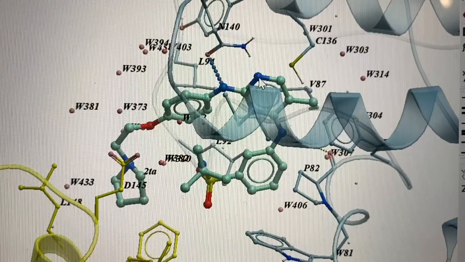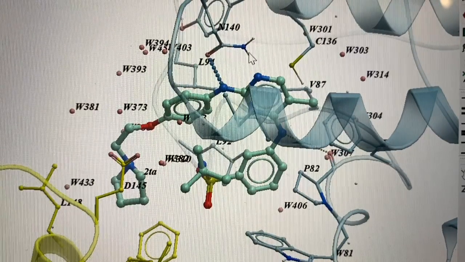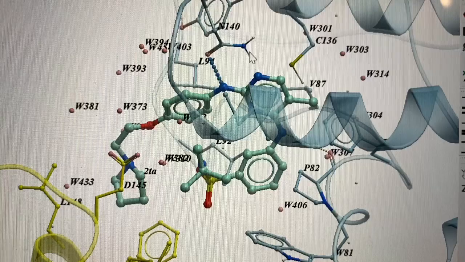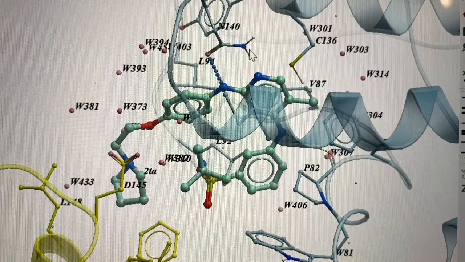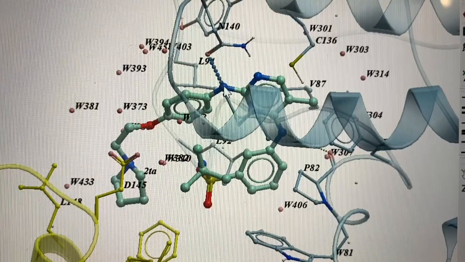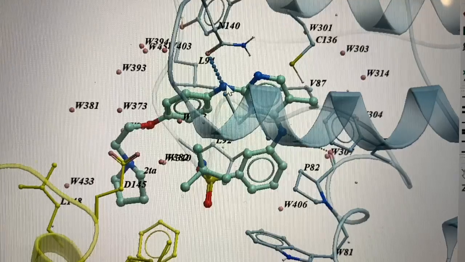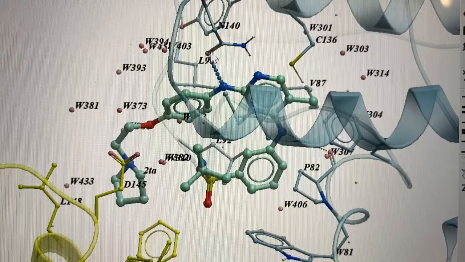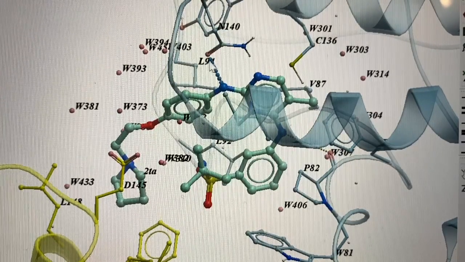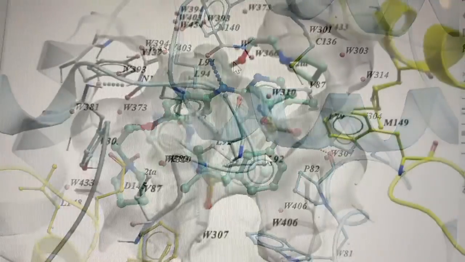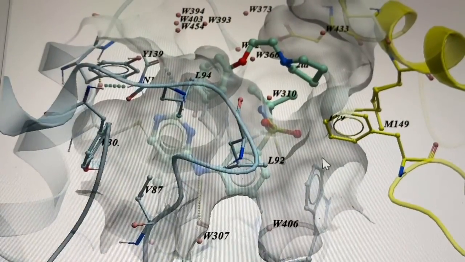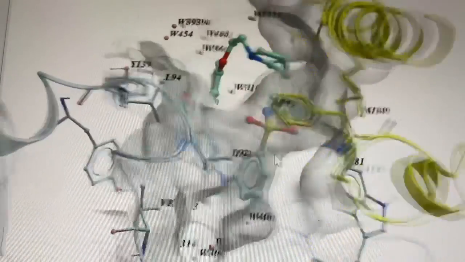So like I said, there should be a dotted line showing the hydrogen bonding with the NH2 portion, as well as this dotted line that's here showing the hydrogen bonding between the secondary amine with the oxygen portion of the amide group. When adding the solid receptor surface, as you can see, it gets quite busy.